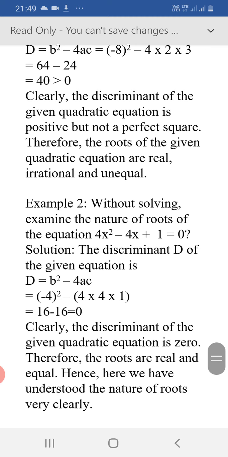Example number 2. Without solving, examine the nature of roots of the equation 4x square minus 4x plus 1 is equal to 0. Solution.